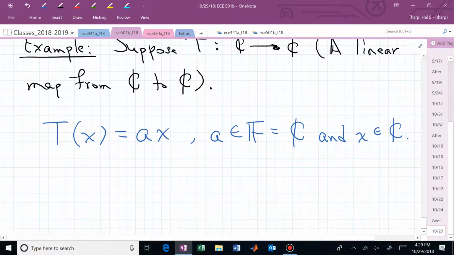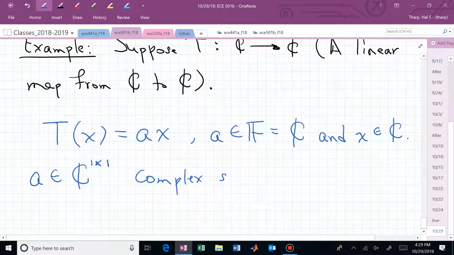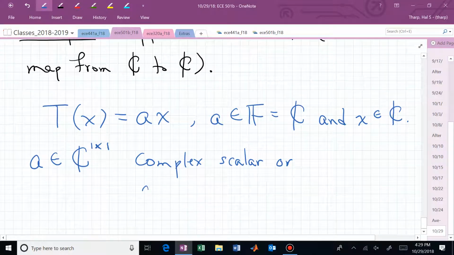That's our vector. So in this case, a, if we wanted to think about it, is a 1-by-1 matrix that's complex, which is a complex scalar or a complex 1-by-1 matrix.